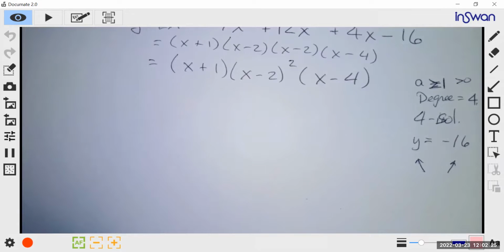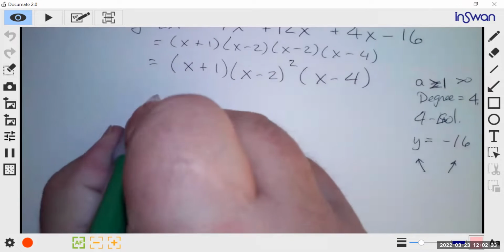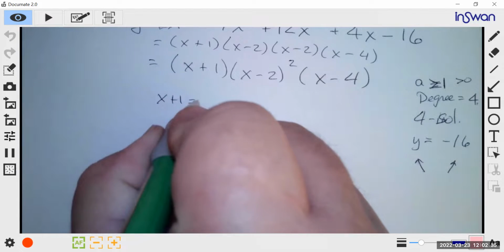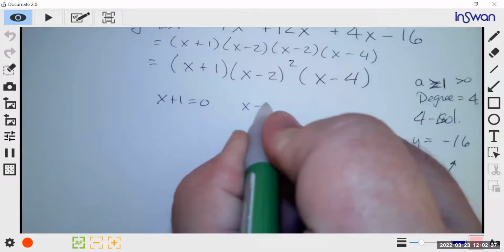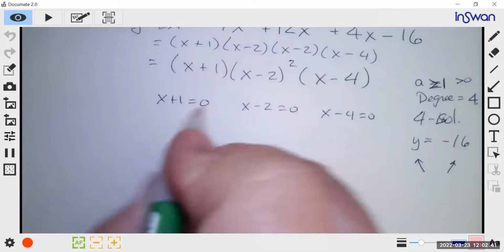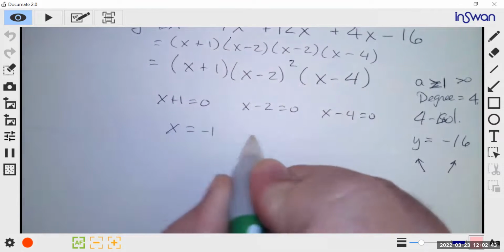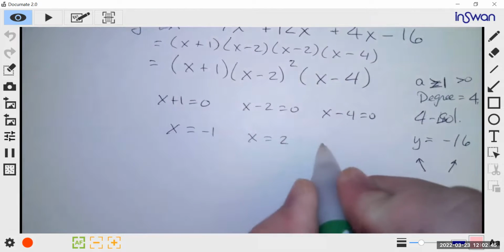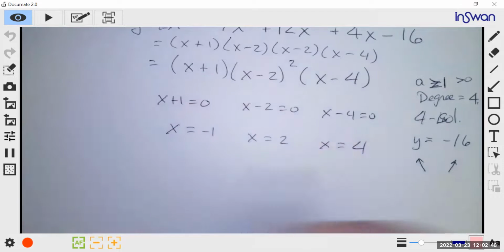And since that x minus 2 happens twice, we only have 3 solutions here. So x equals -1, x equals 2, and x equals 4.